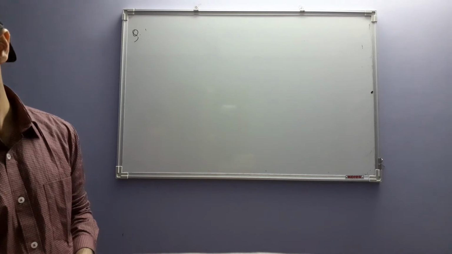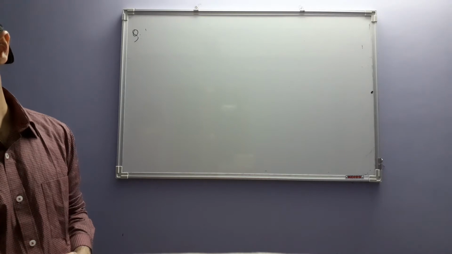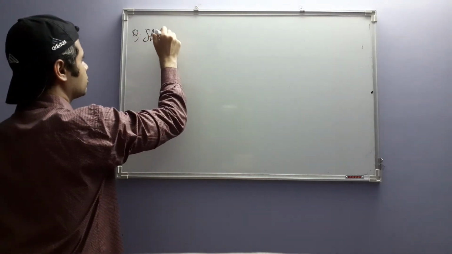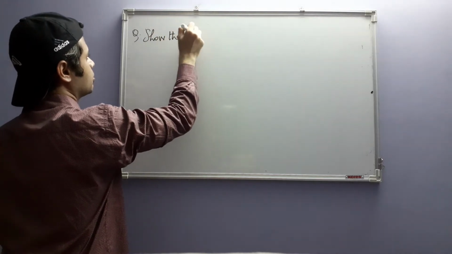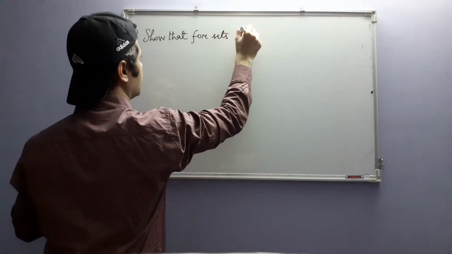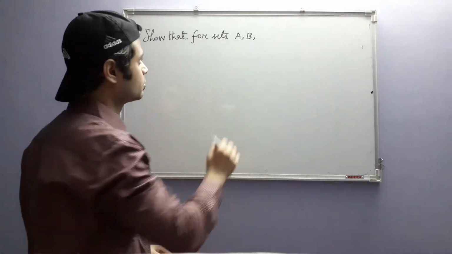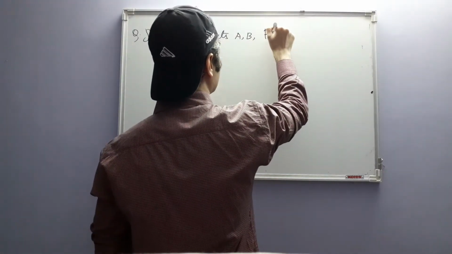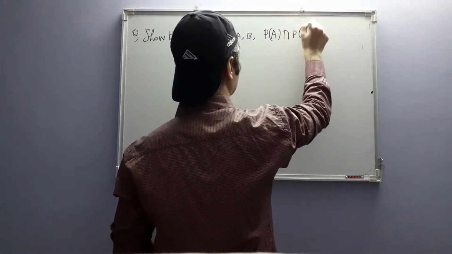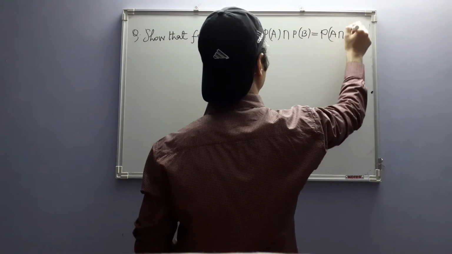It asks, show that for sets A and B, P(A) intersection P(B) is equal to P(A intersection B).